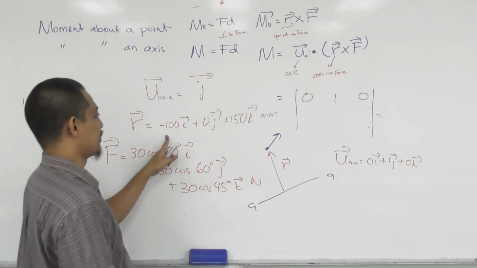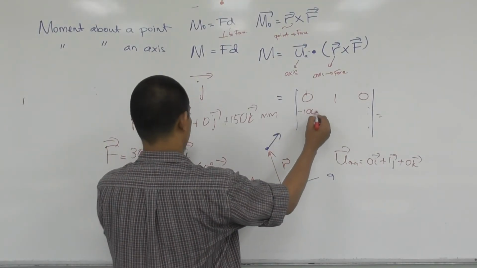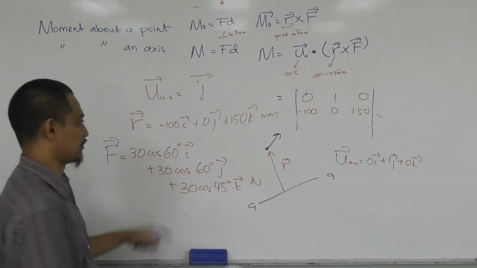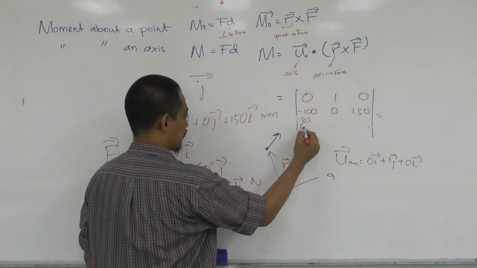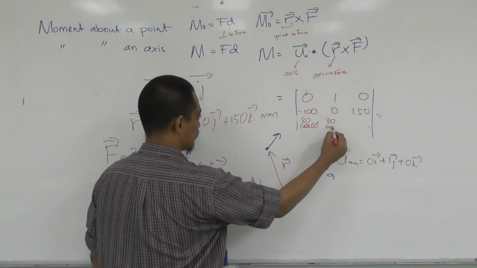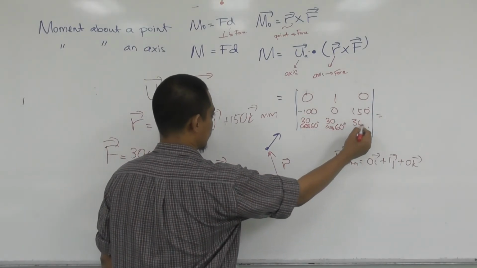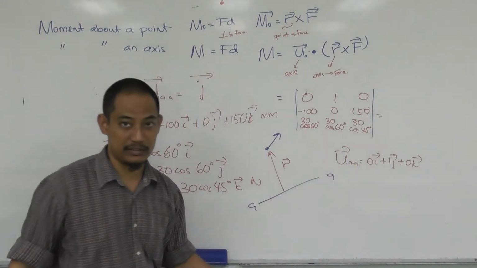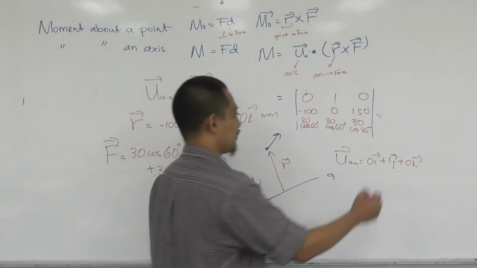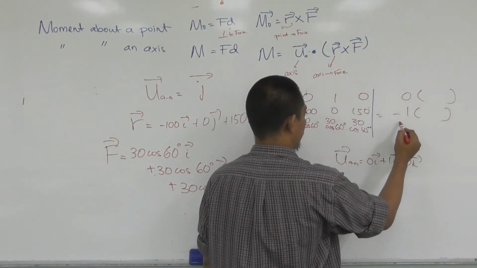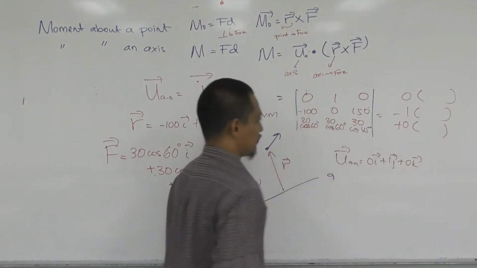Okay, so in this one is minus 100, 0, 150, and then you have all of this, right? 30 cos 60, 30 cos 60, 30 cos 45, and then you can solve, right? Again, here is 0, minus 1, plus 0, right?